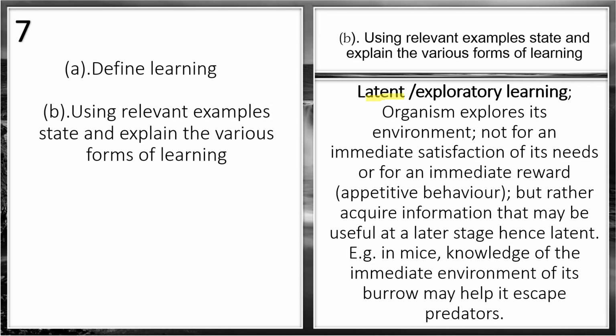Latent exploratory learning. Organisms explore its environment, not for an immediate satisfaction of its needs or for an immediate reward, appetitive behavior, but rather acquire information that may be useful at a later stage, hence latent.